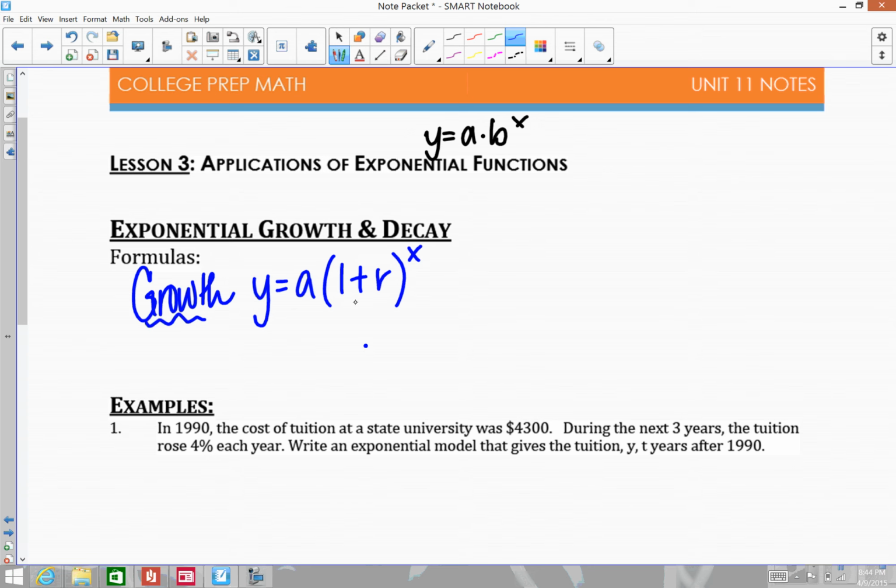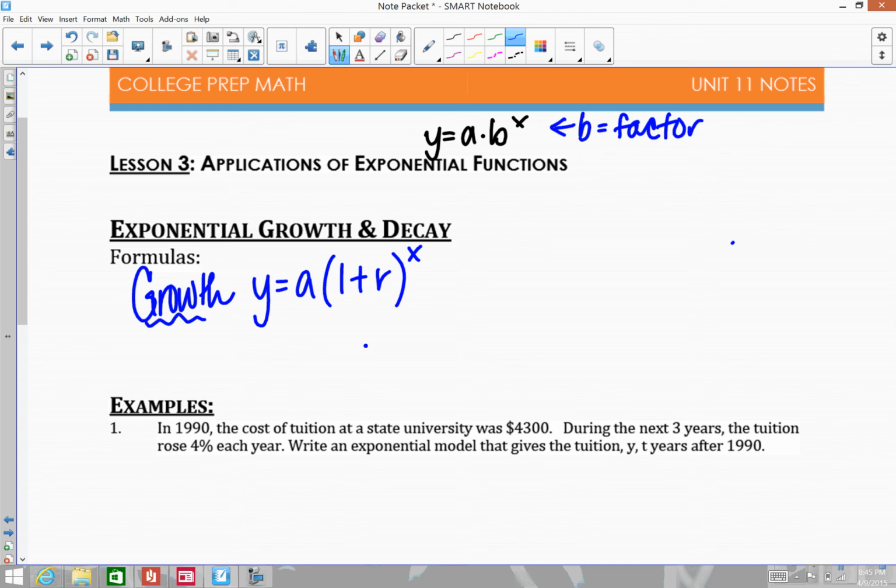If you wanted to represent it as a percent, so let's say the function's growing 50%, you would be using this equation here with the 1 plus whatever the percent is as a decimal, raised to the x. Whenever you see a percent, you're going to be using this growth formula, whereas the original is used when b is a factor, like if it says it's doubling or it's getting half the size.